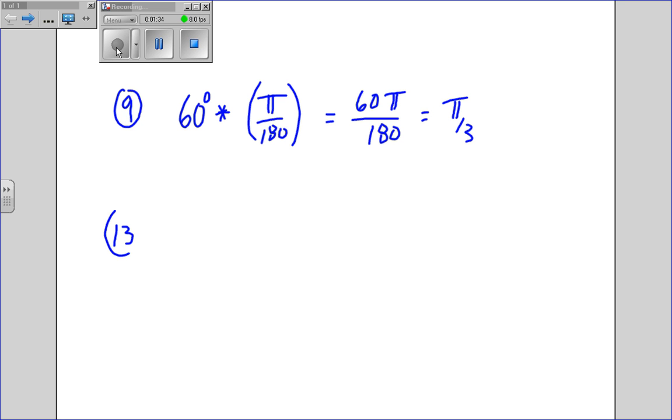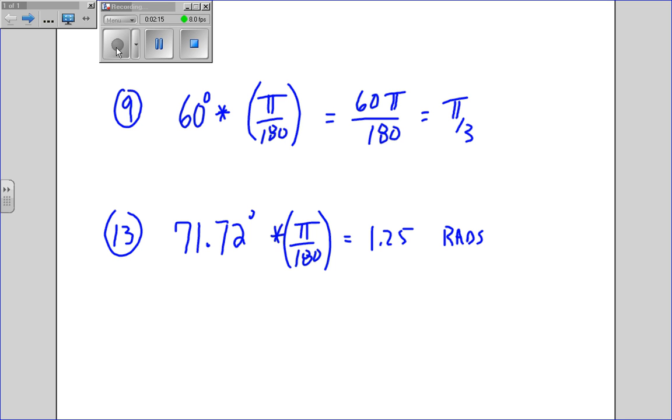Same type of problem in reverse, converting 71.72 degrees to radians. Now this one doesn't reduce that well, so we'll just write it as 1.25 radians.